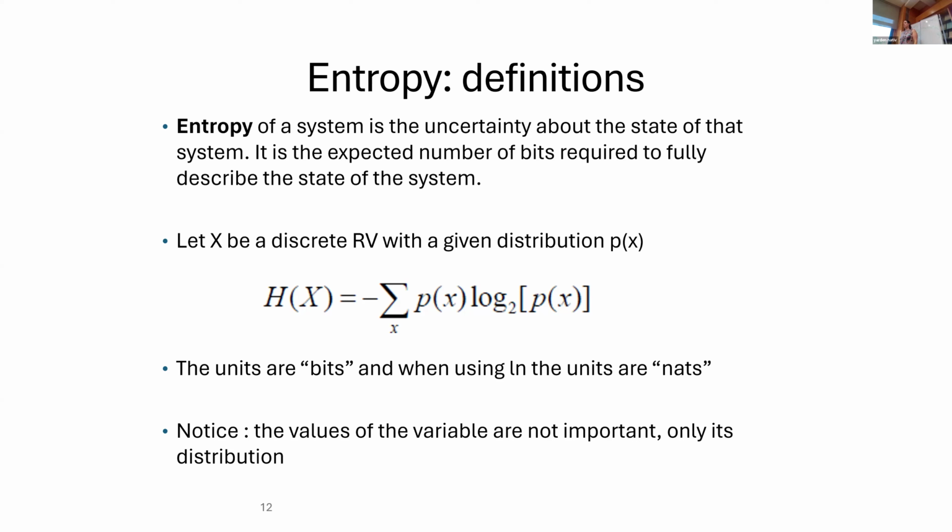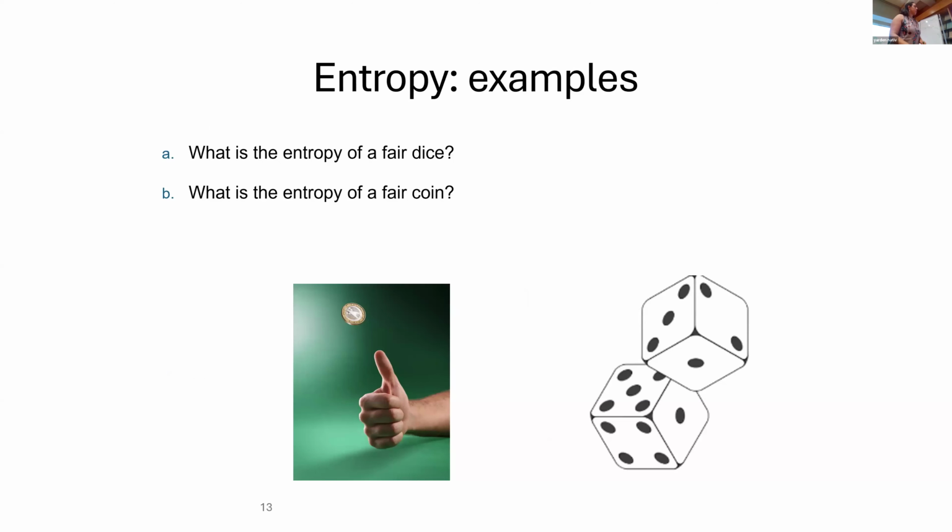Let's have an example. Let's see what the entropy of the paradigms is. Let's start with easier examples. A paradigm might have the output of 1, 2, 3, 4, 5, and 6.